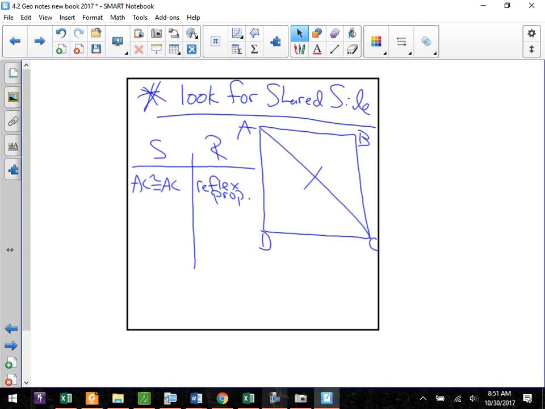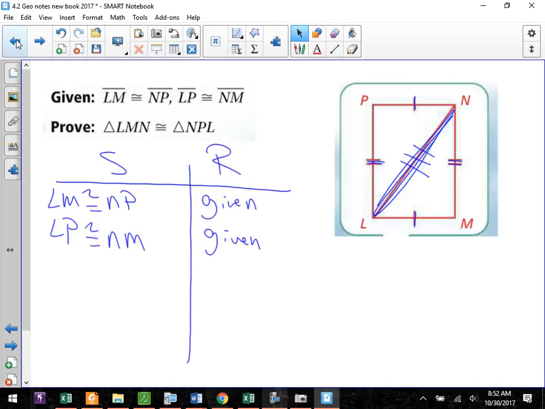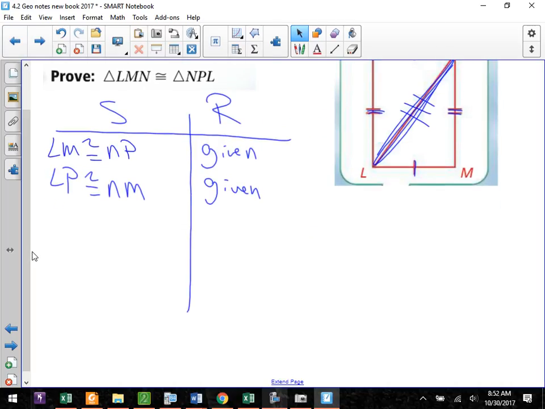Reflexive property is one of those things that you can take from a diagram and not have to worry about, because it's shared between the two figures. So back to the proof we were just doing, that shared side would be LN. So in my proof, I would write LN is congruent to LN. Reflexive property, exactly. Okay. So going back to there, I know that LN is congruent to LN.